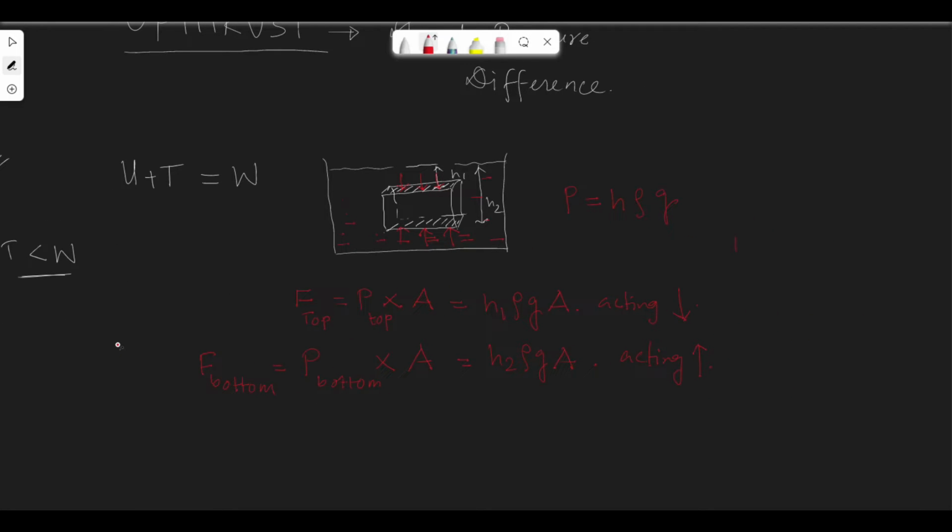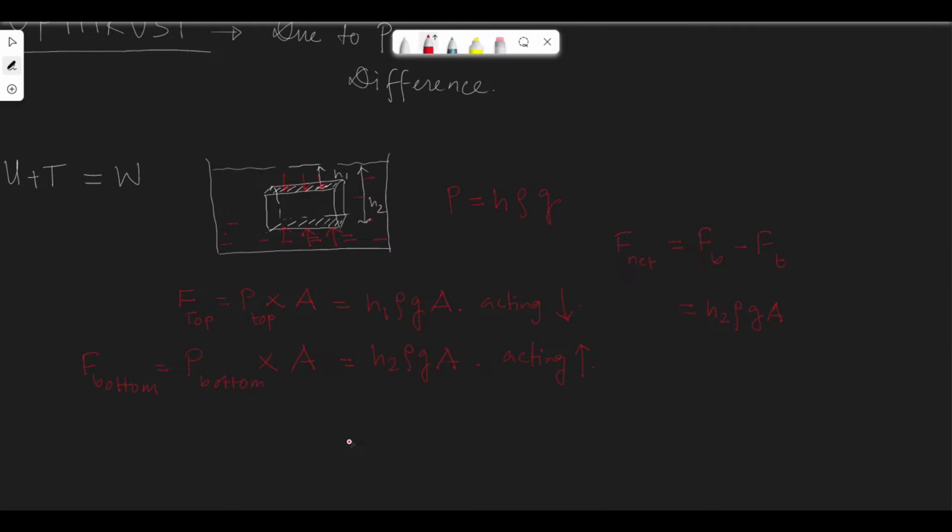So if we want to find out the net force here, the net force is force on bottom minus force on top. Force on bottom is H2 rho g A, minus force on top, which is H1 rho g A. Now we are going to do some simplification.